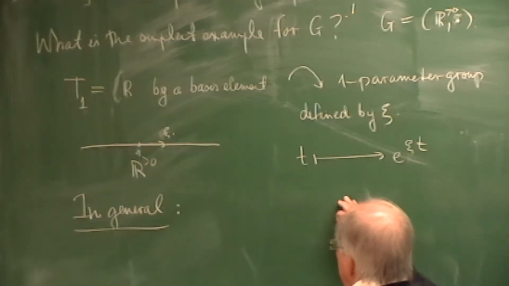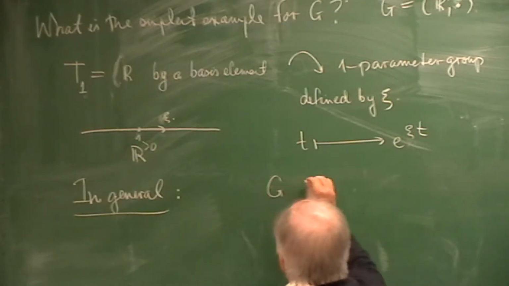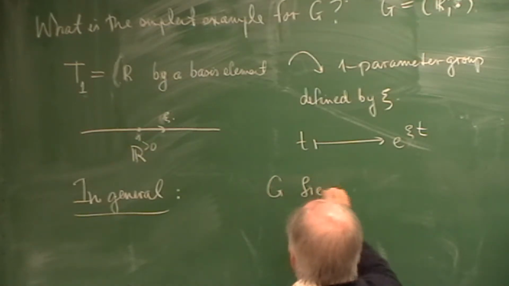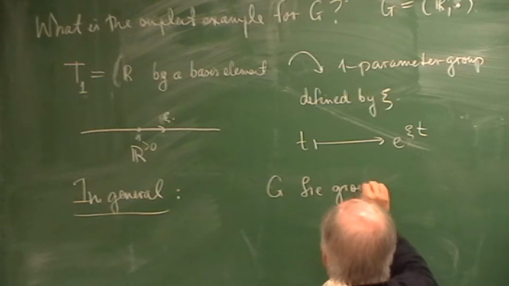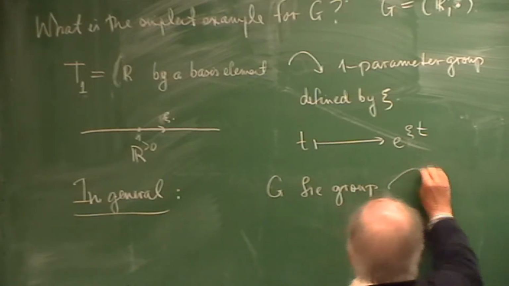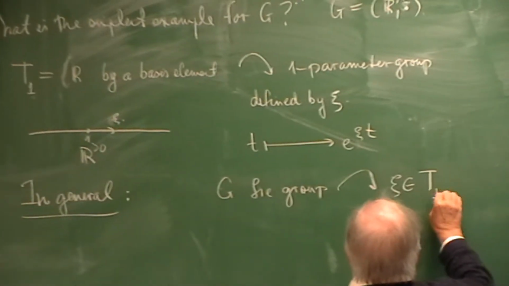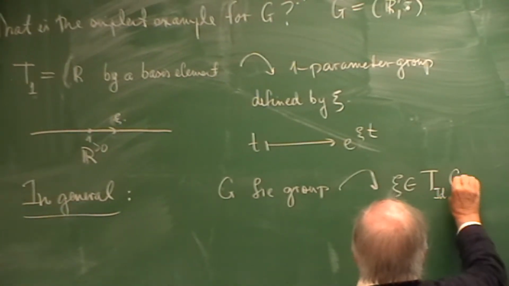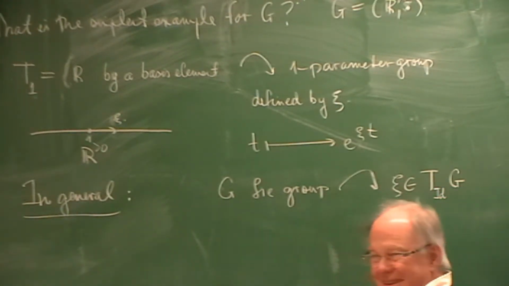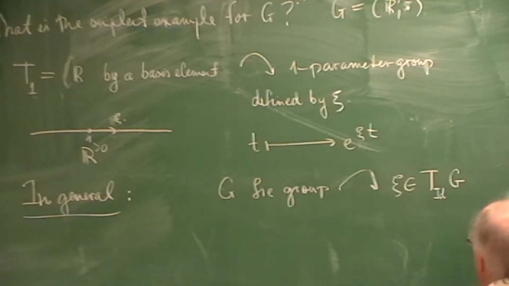So this is the simplest example. If G is a Lie group, then we look at some element of the tangent space at the only distinguished point, right here. There's only one distinguished point in here.